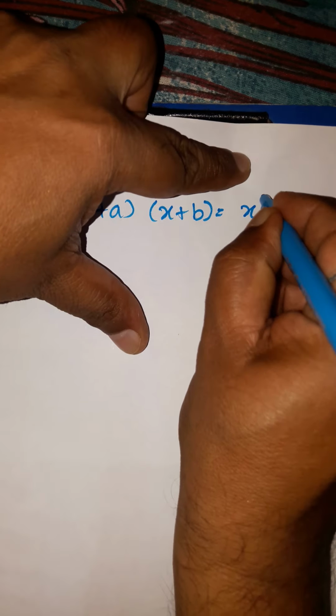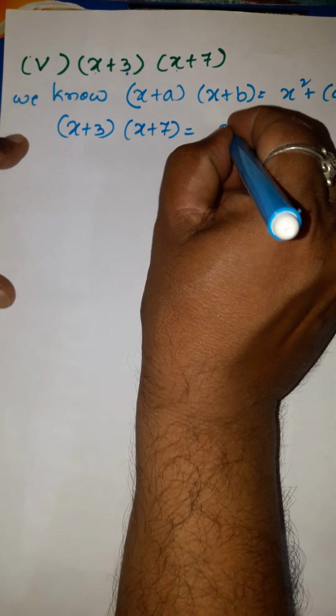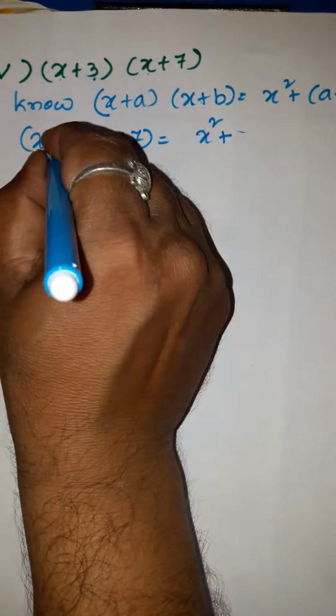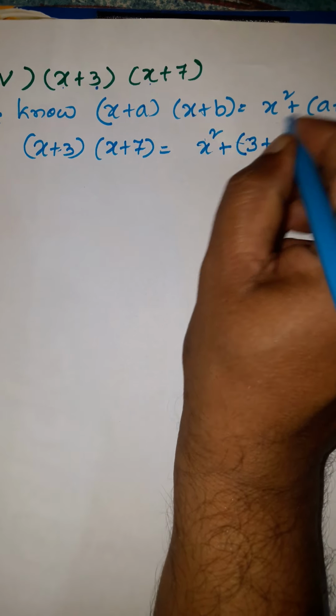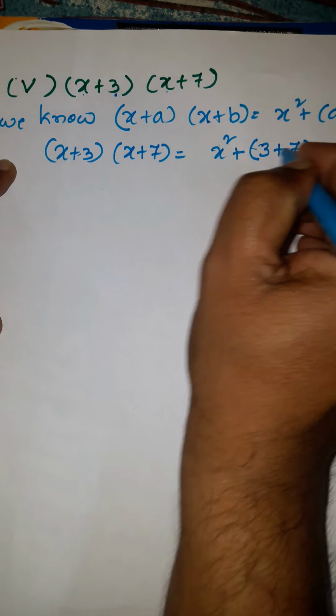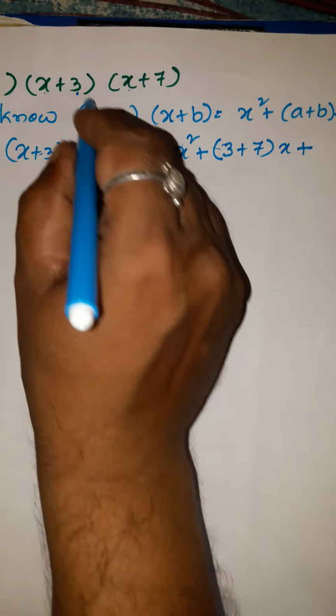In the place of x we have x, in the place of a we have 3, in the place of b we have 7. Therefore x plus 3 into x plus 7 is equal to x square plus 3 plus 7 into x, because a means 3, b means 7, plus ab.